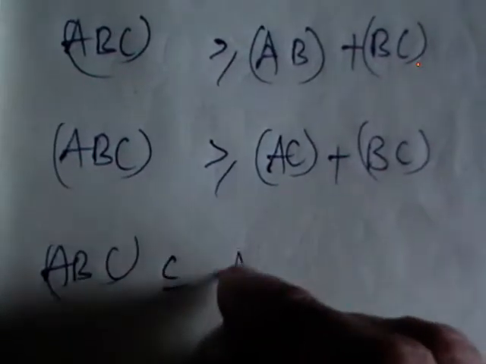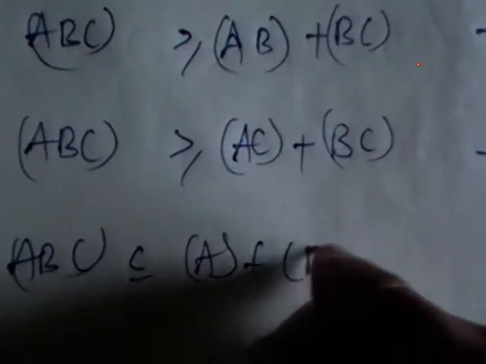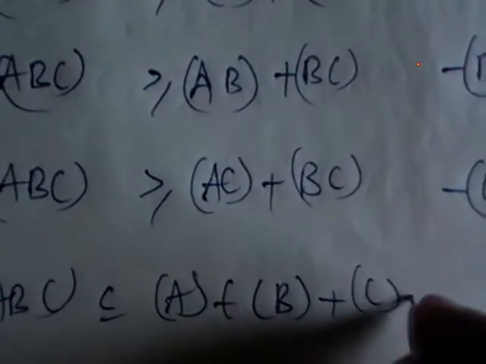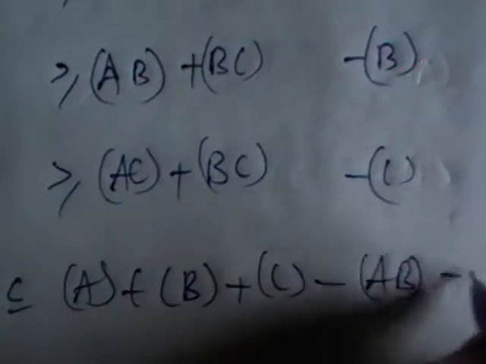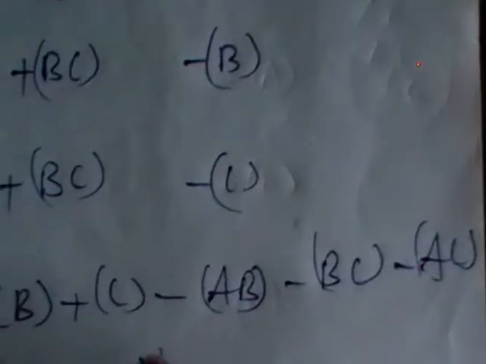The last condition is ABC less than or equal to A plus B plus C minus AB minus BC minus AC minus N.